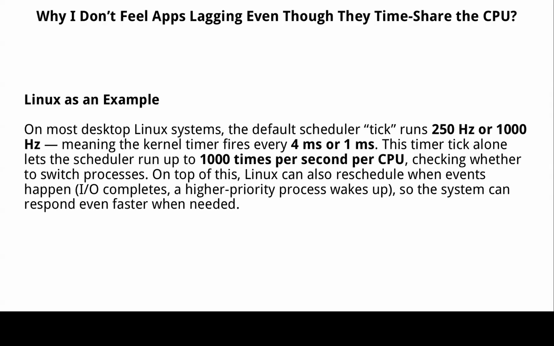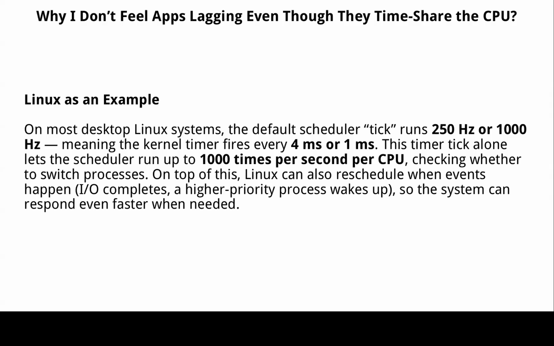We're running a browser, watching Netflix and a video game at the same time. But each of them will run 10 milliseconds, then switch to another one. Another 10 milliseconds, switch back. So the lagging here is only 10 milliseconds or fewer, so humans do not really feel that lagging.